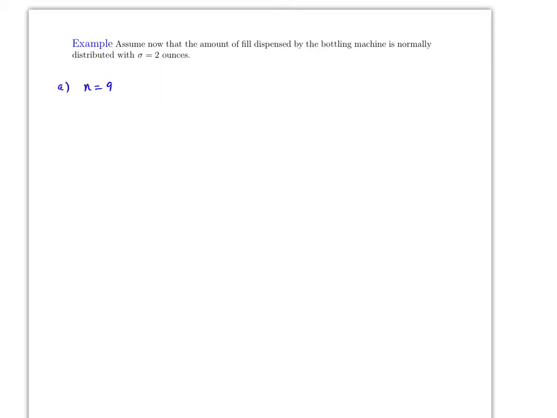Let's say we're interested in the probability that the absolute value of y bar minus mu is less than or equal to 0.3. Remember that this is the same thing as the probability that minus 0.3 is less than y bar minus mu is less than 0.3.